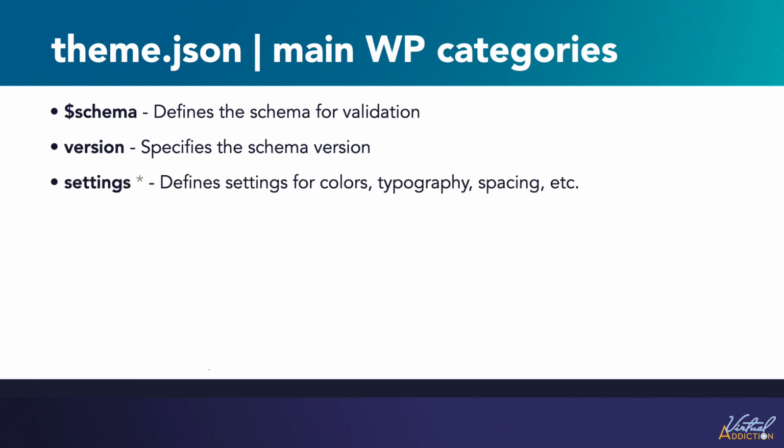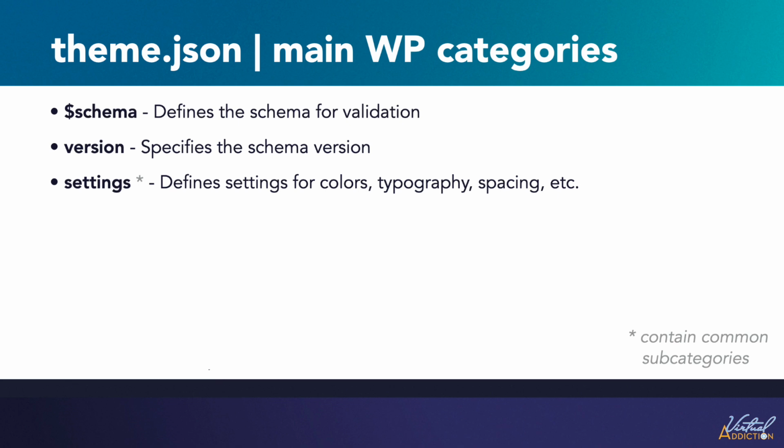The settings section defines various global settings that affect how the theme behaves and how users can customize it in the WordPress site editor. Common subcategories within settings include the appearance tools. These control whether the appearance tools are enabled for customizations, color, which defines the color palette for the theme, typography, which configures font families, font sizes, and other typography-related settings, spacing, which specifies the available units for spacing.